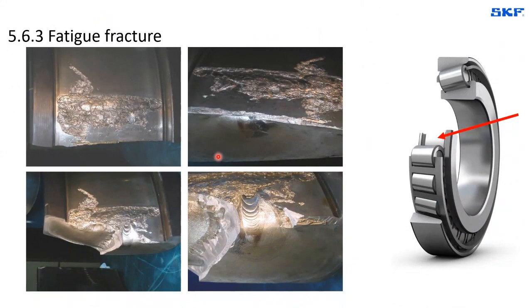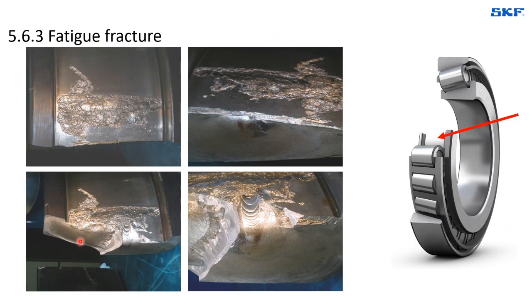This picture here shows a fracture of an inner ring of a taper roller bearing. This is a very good example where you see the initial surface fatigue, and of course the ring was already fractured, but when we start looking at the fracture, we notice something irregular.